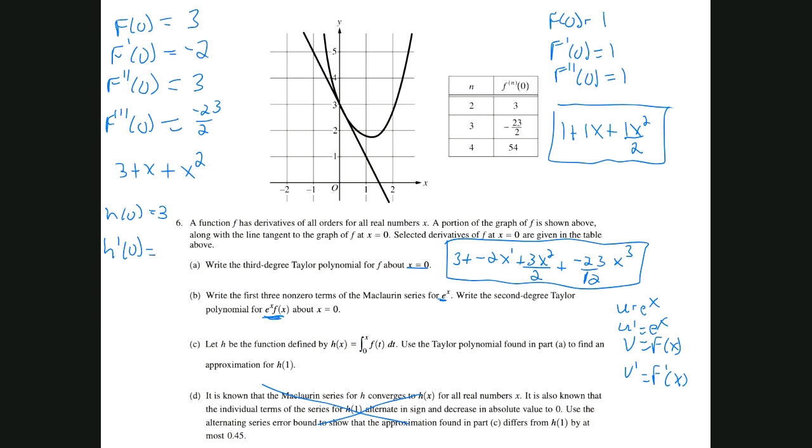Okay, well, the derivative of this is what? Inside, so I've got e to the x f of x plus e to the x f prime of x. But this is at 0, right?